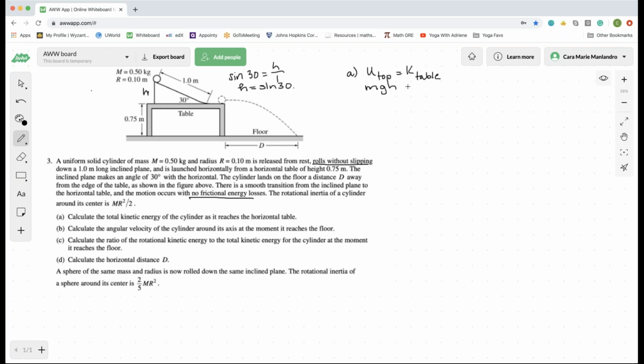All right, so yeah, a little tricky if you didn't notice that 1 was not the height. All right. So let's be careful with our units, 0.5 kilograms, 9.8 meters per second squared, and then I need sine of 30, all right, and this ends up being 2.45, and then the units of energy are joules. All right, does anybody have any questions on part A?